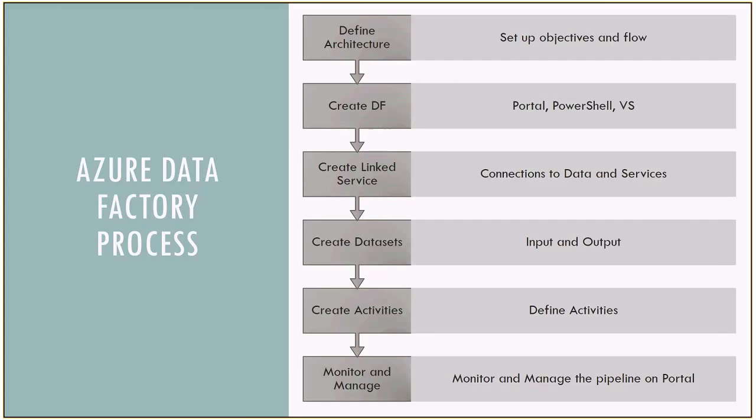So basically you first create the architecture, set up the objectives, and create the flow of the whole pipeline. Then you create the data factory, either using the Azure portal or using PowerShell. You can use Visual Studio also to create a data factory. Then you create the linked service which will connect to the data and the services.